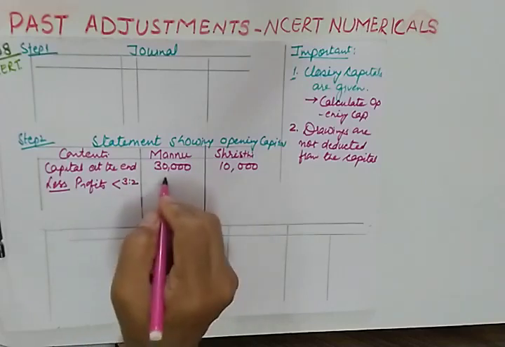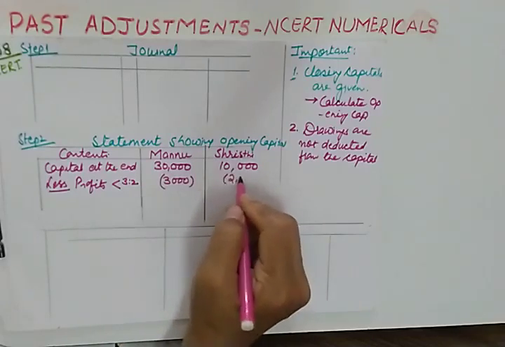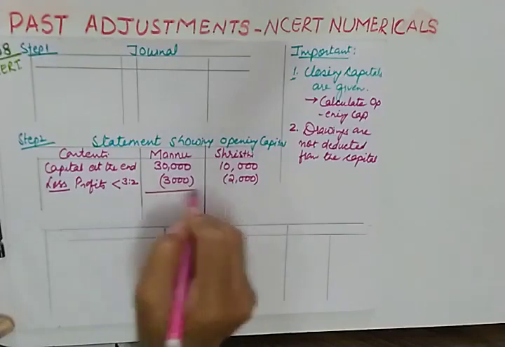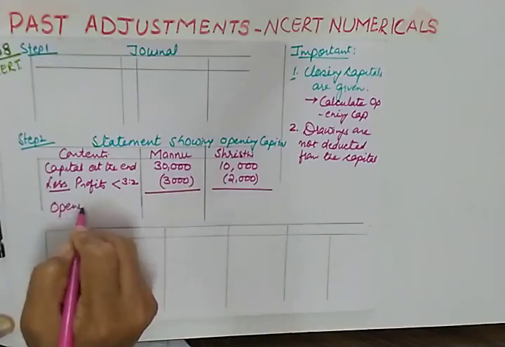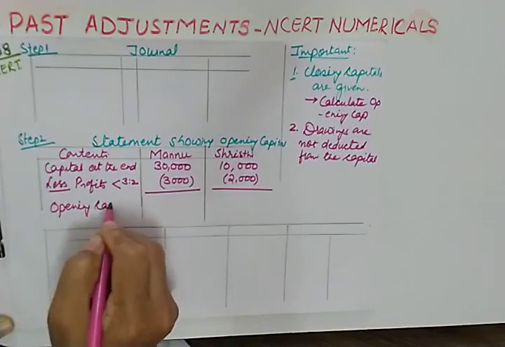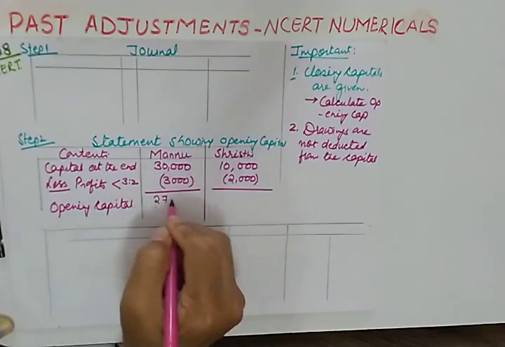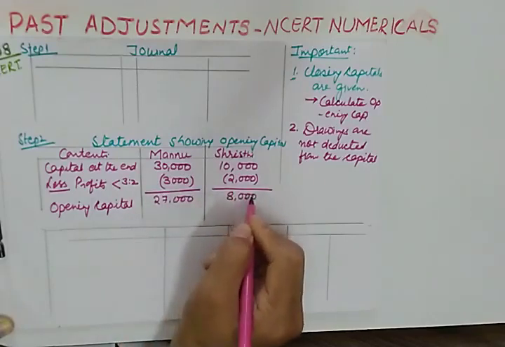So if you calculate, this will be 3,000 for Manu and 2,000 for Srishti. Then finally, after doing this, you will be able to get the opening capital. So what is the opening capital of Manu? It is 27,000 and 8,000.